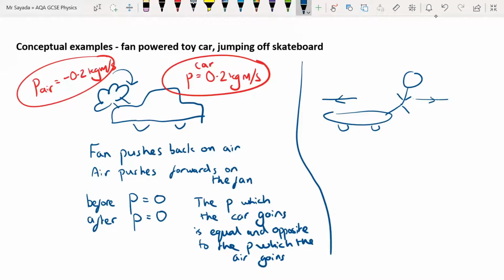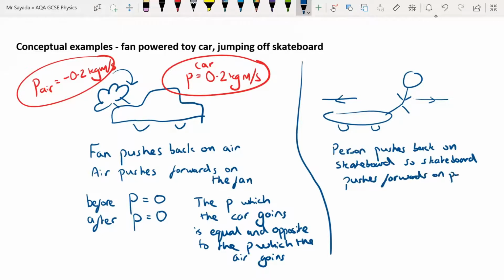Pause the video and write down the Newtonian pair when the person jumps off the skateboard. Press play once you've done that. You should have now written it down. The person pushes back on the skateboard, and therefore the skateboard pushes forwards on the person. Both of those happen at the same time. That's a Newtonian pair.